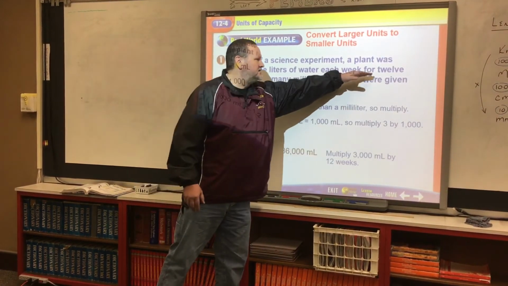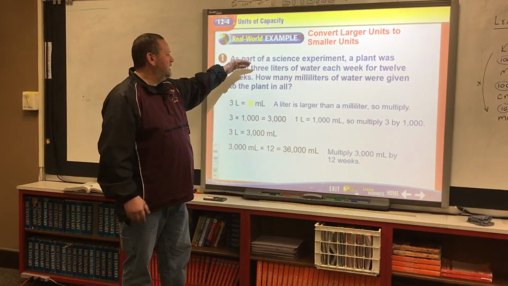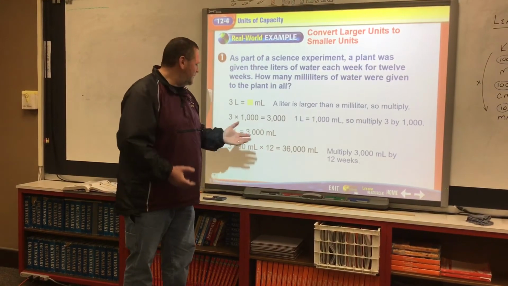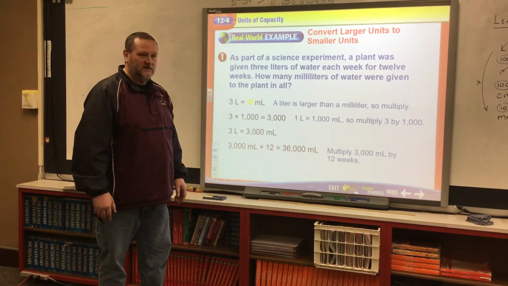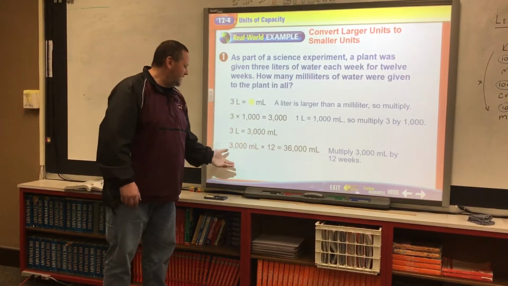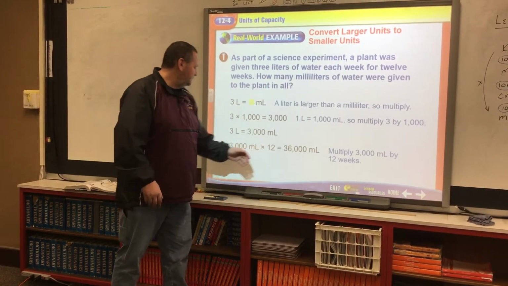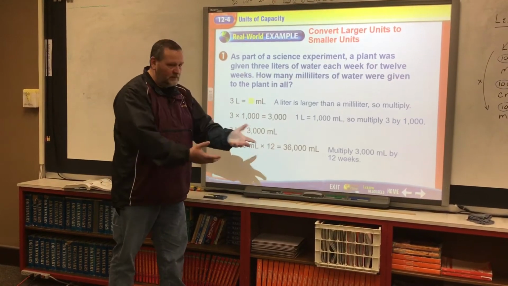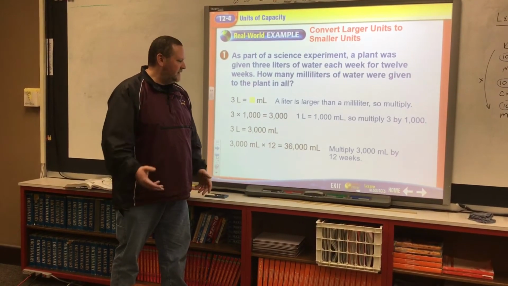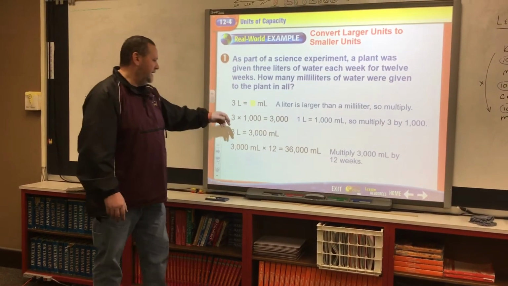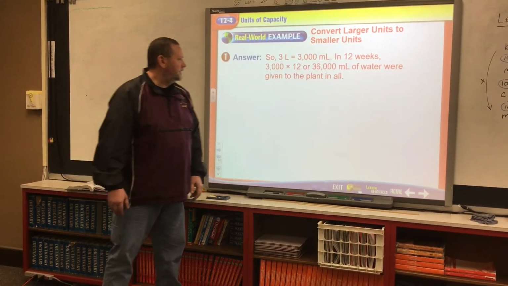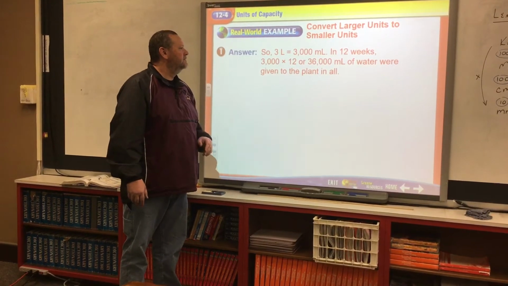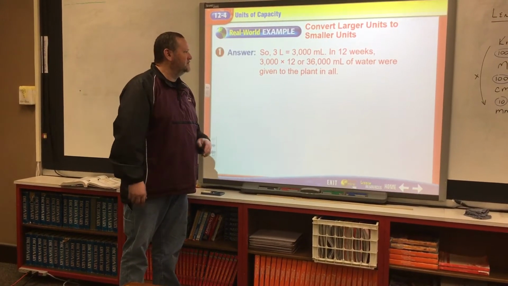So in this case, we figured out it would be 3,000 for each week, but you had to multiply that by 12 for 12 different weeks. So they multiplied 3,000 times 12, which is 36 plus the 3 zeros. You just add those in. Again, still working with mental math. And so you end up with 36,000 milliliters of water were given to the plants in all.